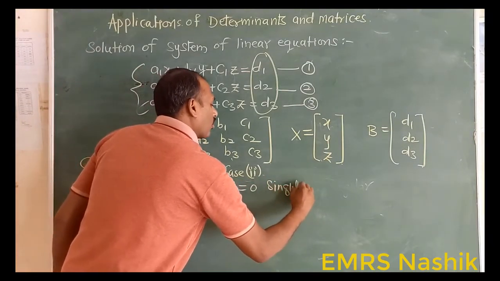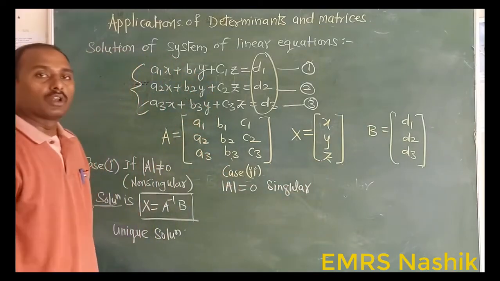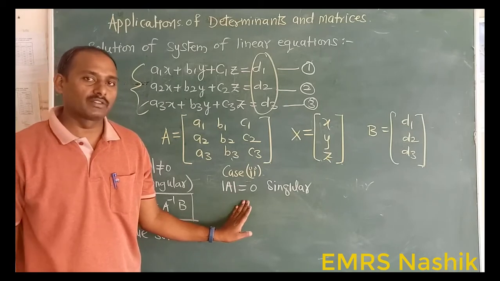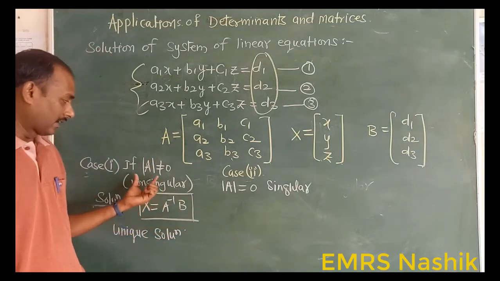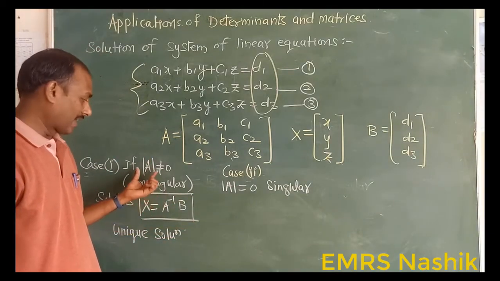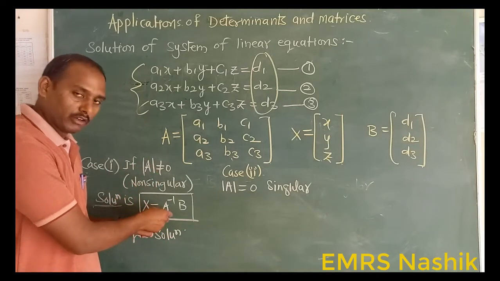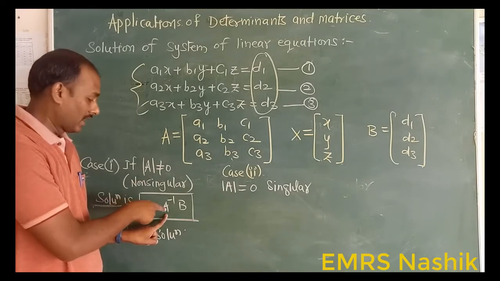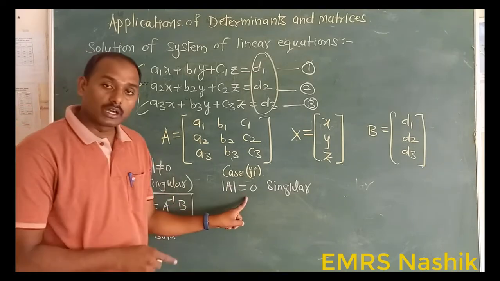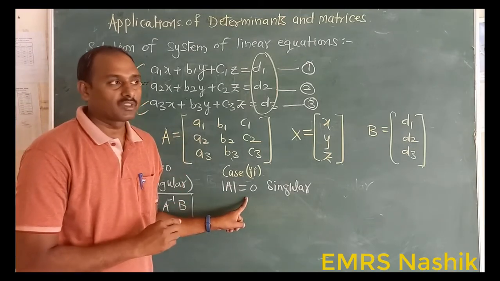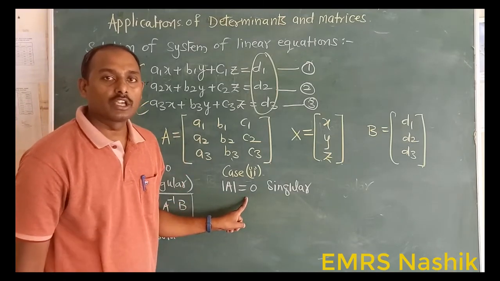That means our coefficient matrix is a singular matrix. Now if it is a singular matrix, then we cannot find its inverse. In the earlier case the matrix was non-singular, so we could find A inverse, and the solution was given by A inverse B. But here the coefficient matrix is a singular matrix, which means we cannot find its inverse.